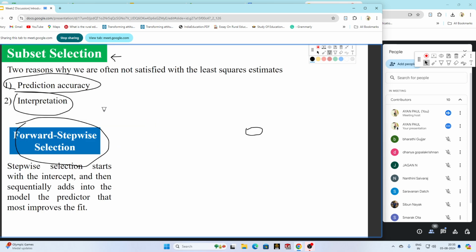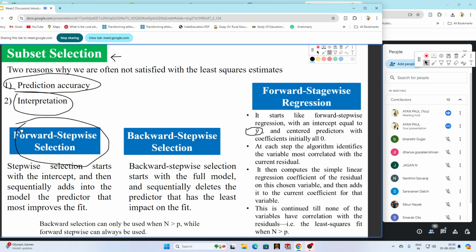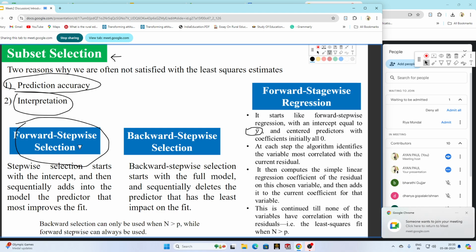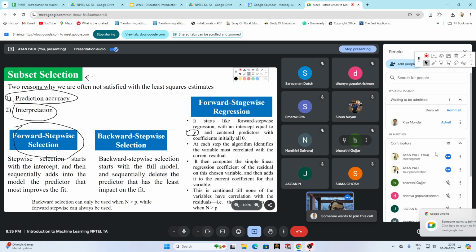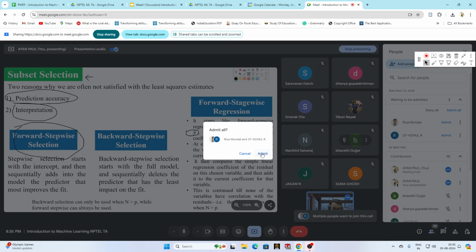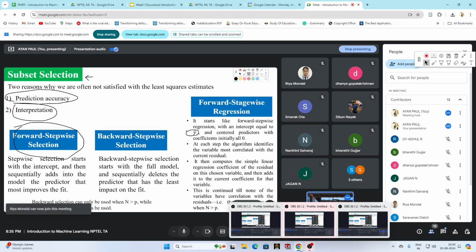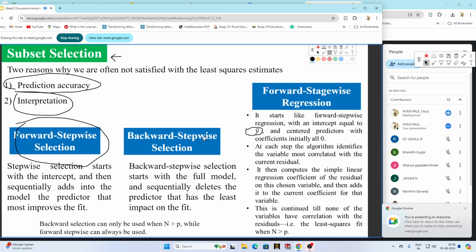About this subset selection, we have three methods. Again, I am discussing forward stepwise, backward stepwise, and forward stagewise. In forward stepwise, we first start with the intercept and then add features one by one. In backward stepwise selection, we consider our whole model at once, and then delete the features one by one.